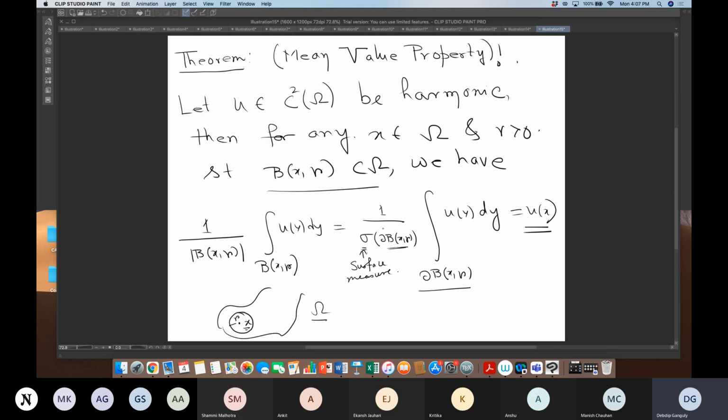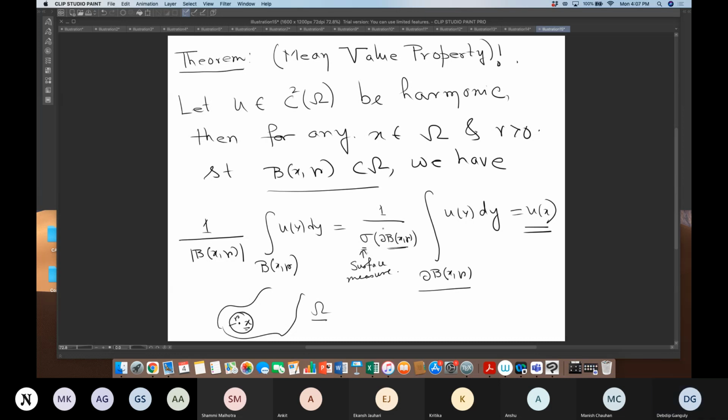So now you tell me, in complex analysis, which theorem is analogous to this? Some analogous property of complex analysis.